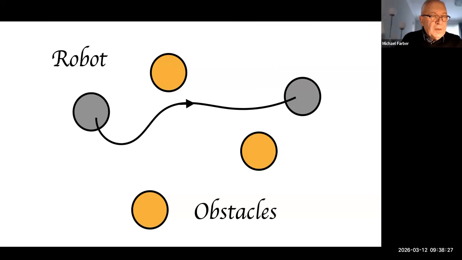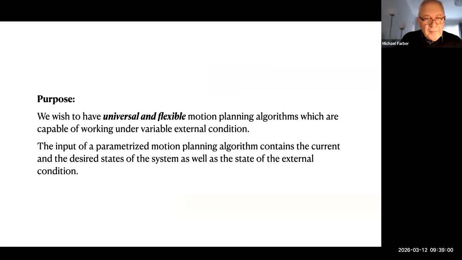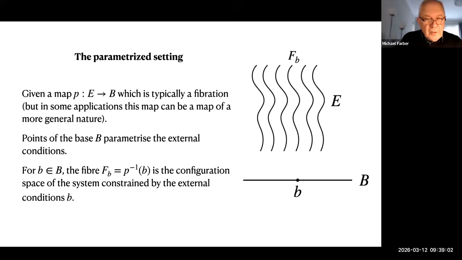In that paper, we had this sentence saying: imagine that we have a naval commander who directs a submarine in waters populated with mines, but these mines are changed every day. So this commander should give information not only about from which position to which position the submarine should go, but also where the mines are today. This is what is called the parametrized setting.